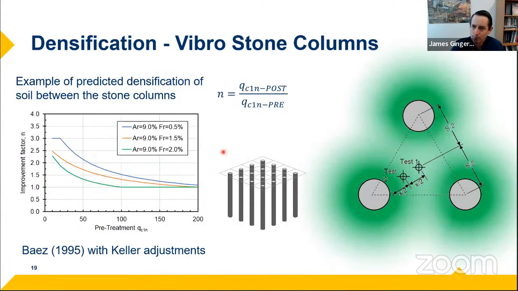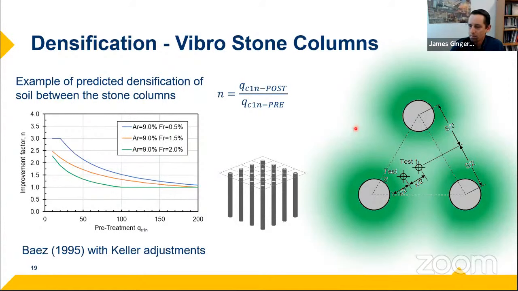So as mentioned before, vibro stone columns are a method where we can densify the soils. Generally, you get more densification the closer you are to the column. So designing such a program is a matter of figuring out what spacing you need in order to achieve the density between the columns that you need to achieve your seismic performance objectives.